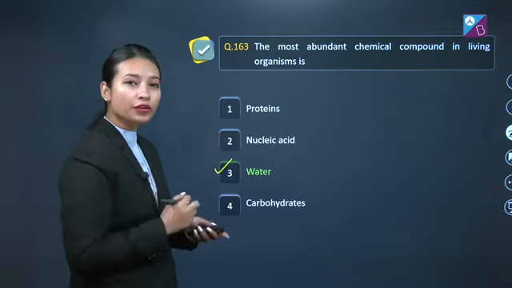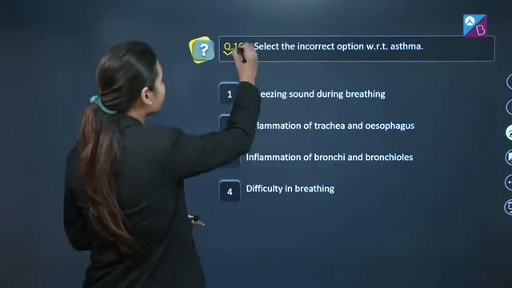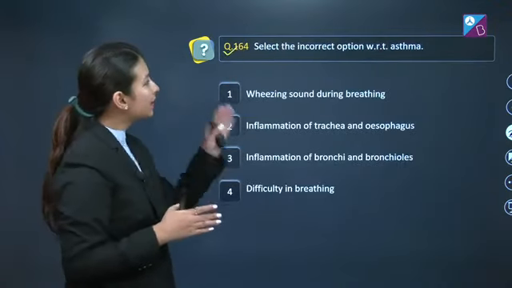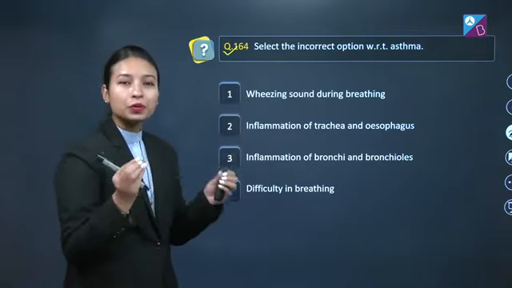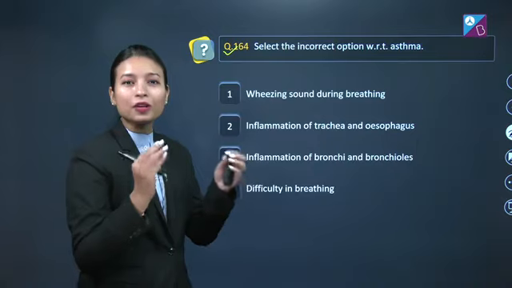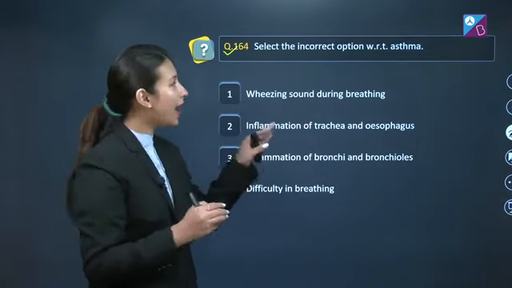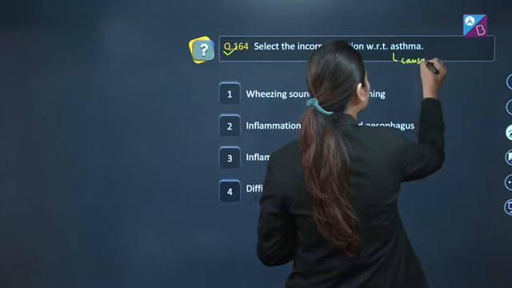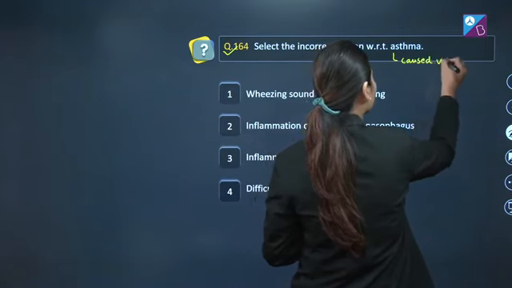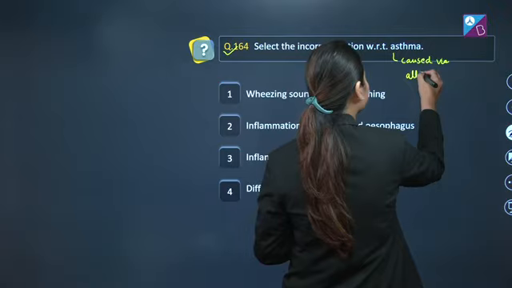Now let's move on to next question, that is question number 164, which states: select the incorrect option with respect to asthma. Now students, asthma क्या है? Asthma is the disorder of respiratory system, and this is caused via allergens.